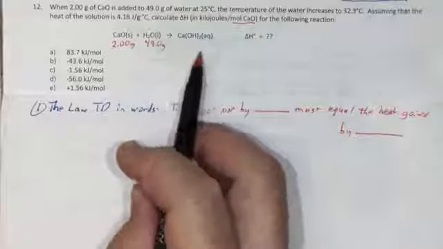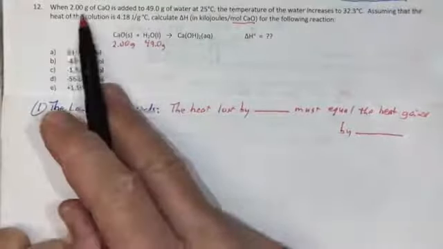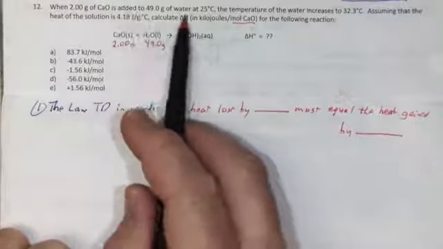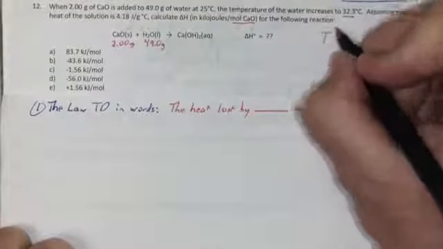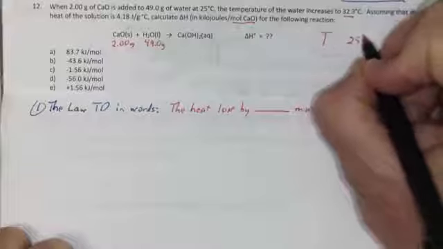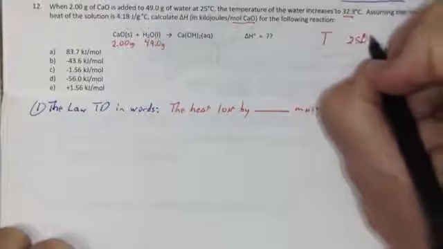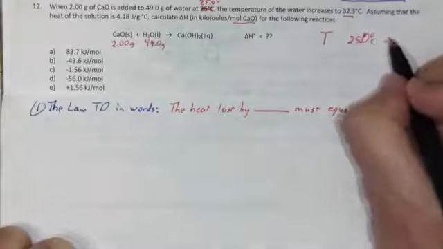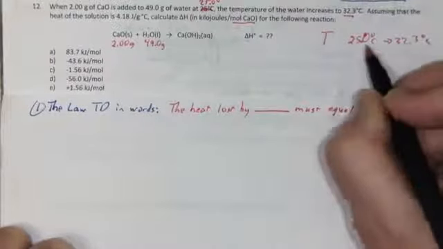Even before I do this, let's look at this. When you add 2 grams of calcium oxide to water at 25 degrees C, look at the final temperature. The temperature goes from 25.0 degrees C, this really needs another significant figure, to 32.3 degrees C. It's getting hotter.